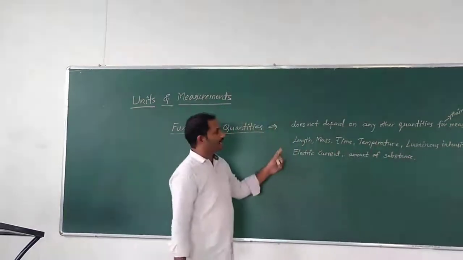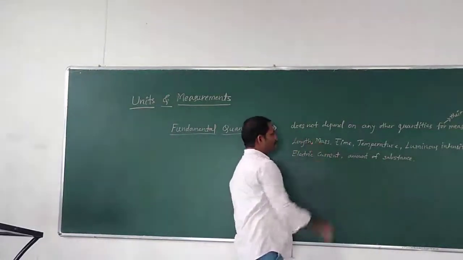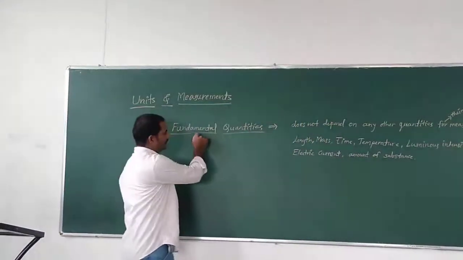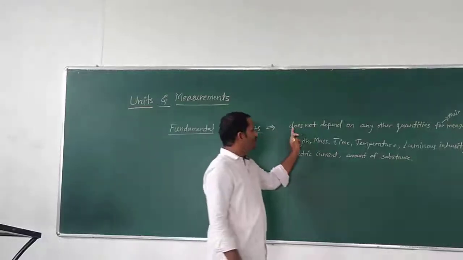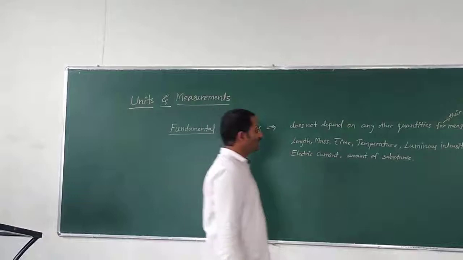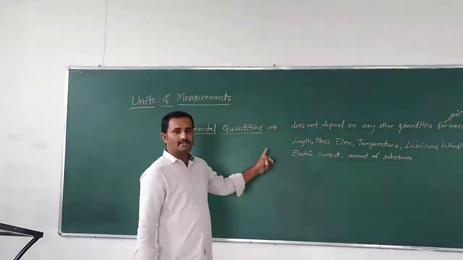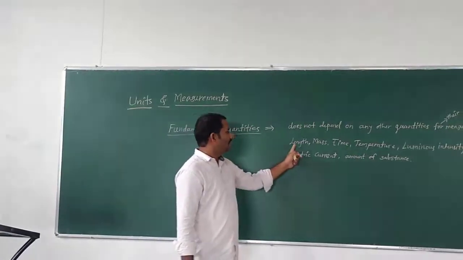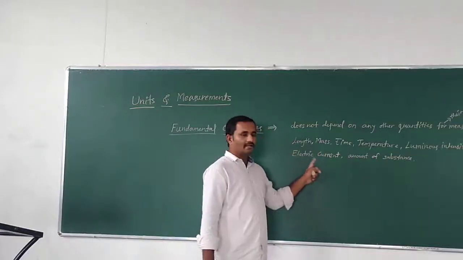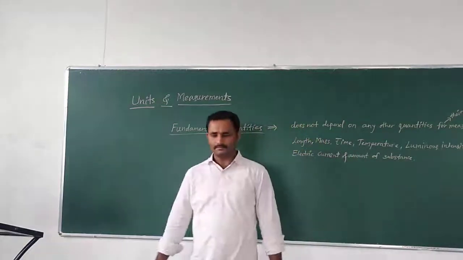So these are the fundamental quantities. There are 2 more quantities that we will discuss later. So fundamental quantities are the quantities which do not depend on any other quantities for their measurement. The 7 fundamental quantities are length, mass, time, temperature, luminous intensity, electric current, and the last one is amount of substance.